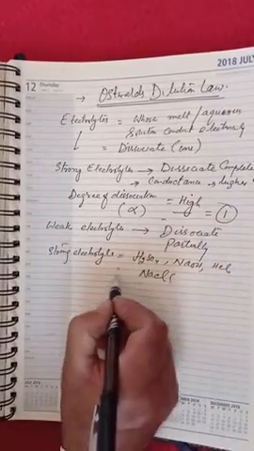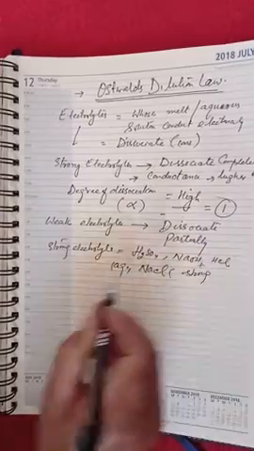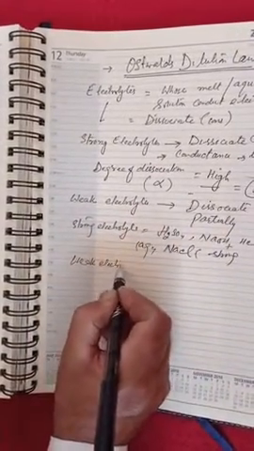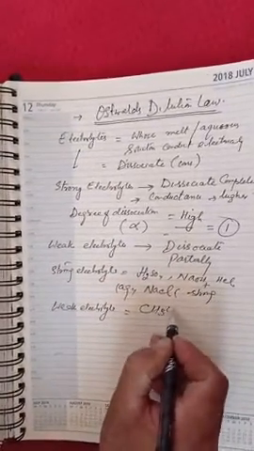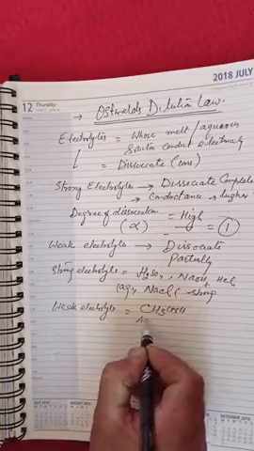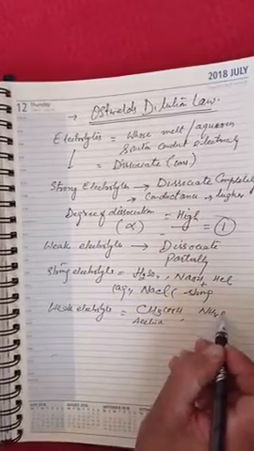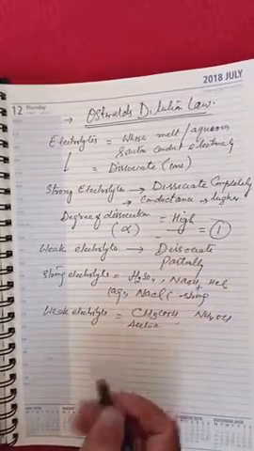And for weak electrolytes, examples are acetic acid and ammonium hydroxide. These are weak electrolytes.